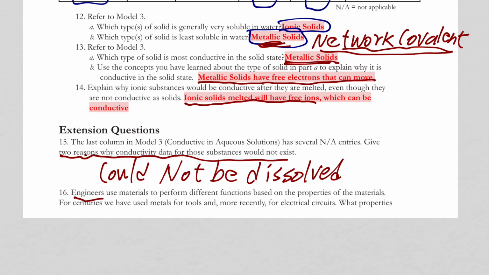So engineers use different materials to perform different functions based on the properties. For centuries, we have used metals for tools, and more recently, electrical circuits. What properties of metallic solids make them well suited for this purpose?